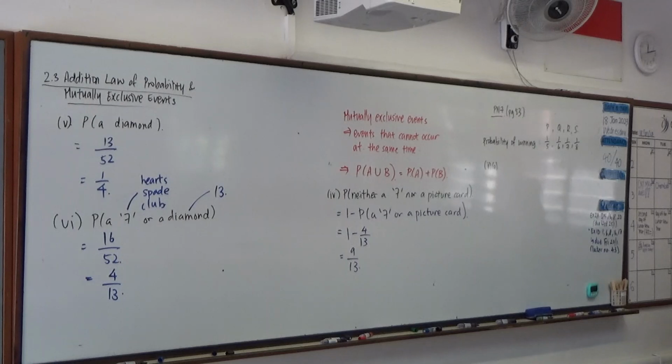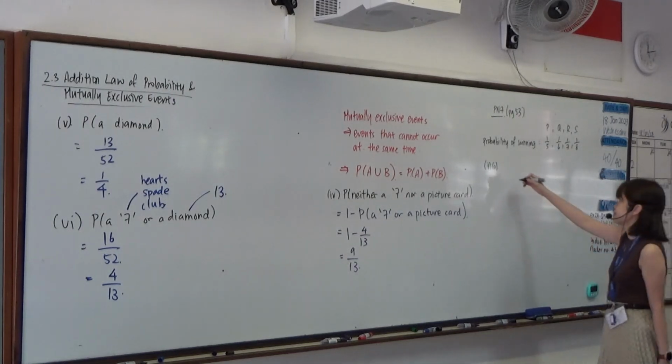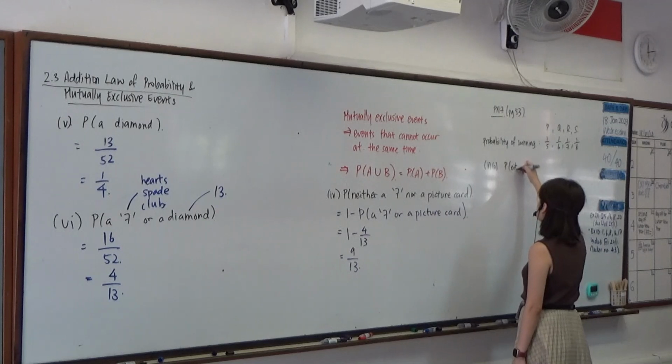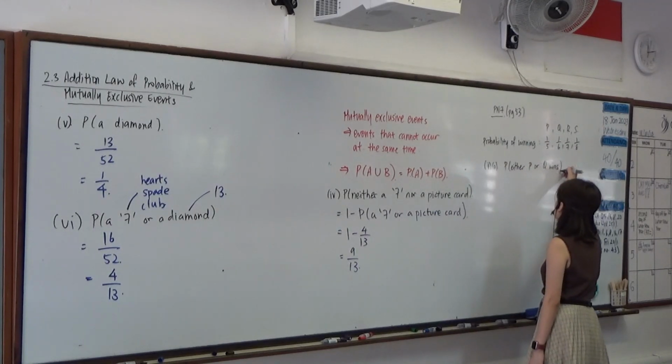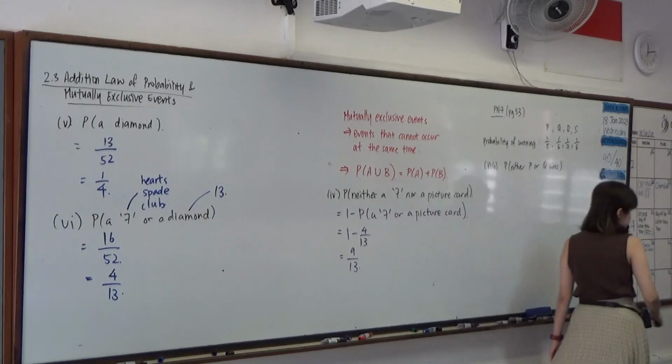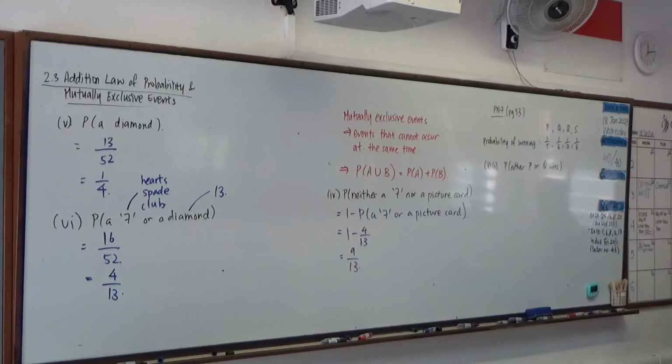So let's look at part 2 first, rather than jumping into part 1. For part 2, we want to calculate the probability that either P or Q wins. Now what do you think that will actually be? Can they both happen at the same time?